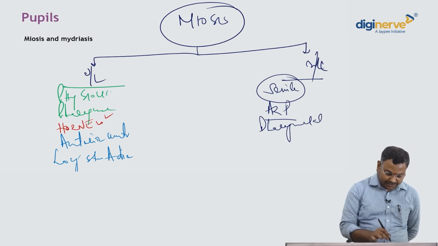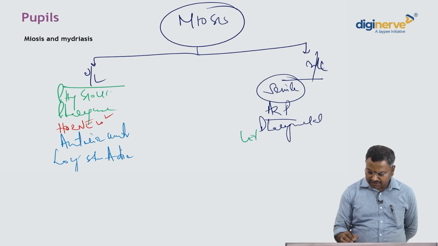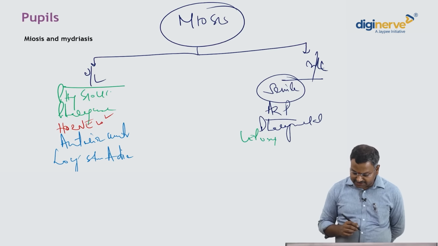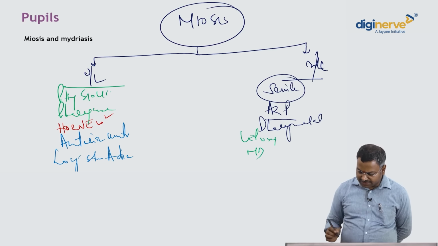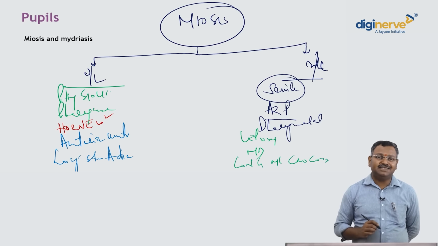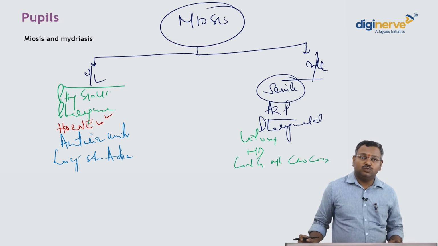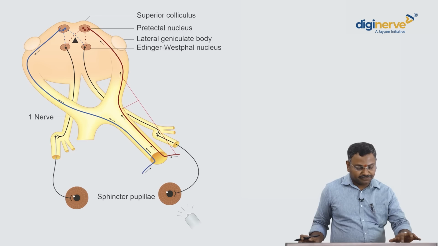You could get miosis in certain other diseases like leprosy, very important. Lepromatous, you could get that, syphilis, leprosy I said, myotonic dystrophy, and you could have congenital microcoria. It could be by birth. So these are the conditions where you could get bilateral small pupils.